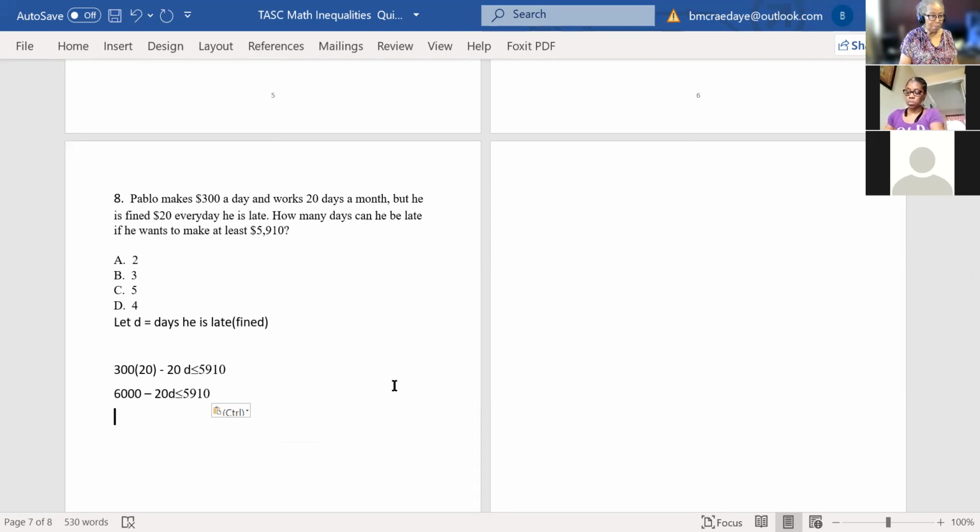Inequality for 5,910, right? Negative 6,000, right?